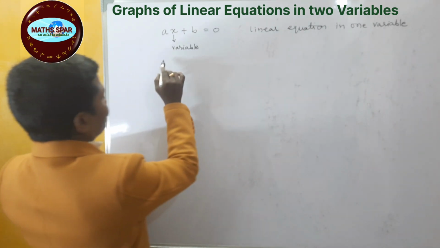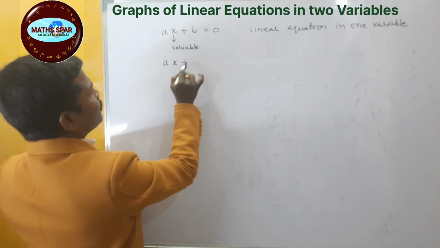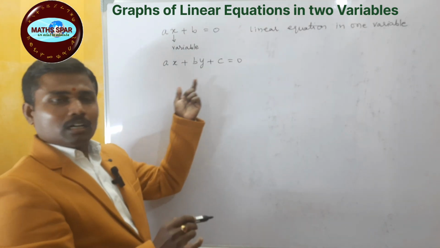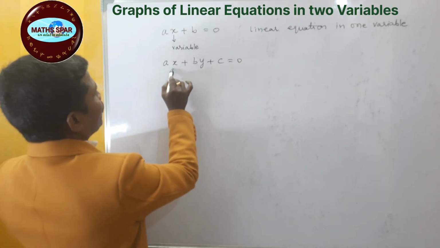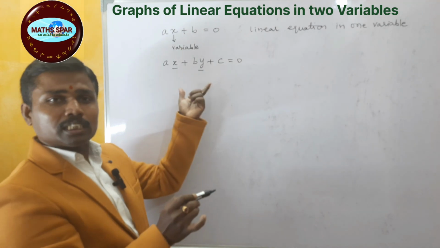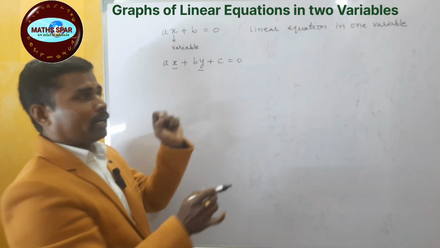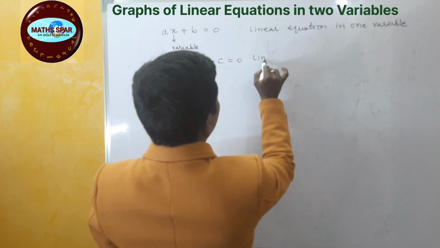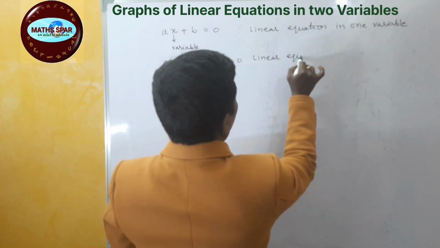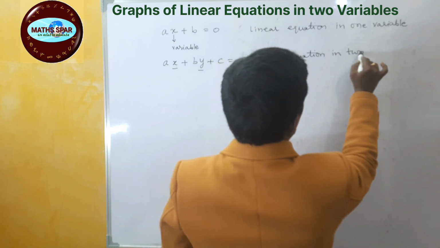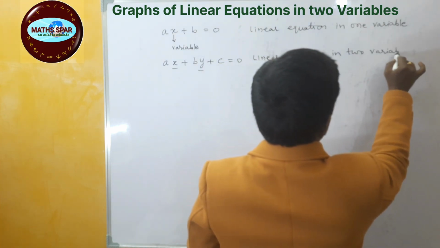Then suppose we have two variables in an equation, that is x and y are variables, and the degree of this equation is 1. Such equations are called linear equations in two variables.